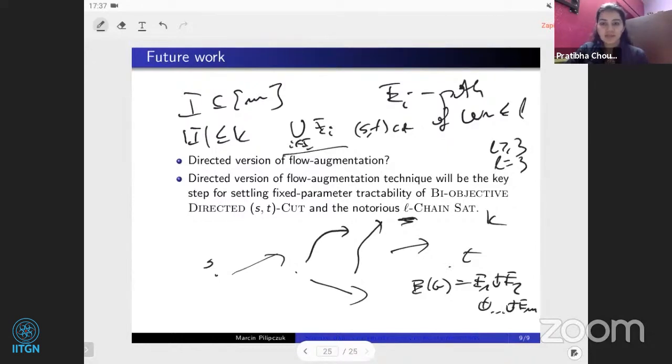Okay, there's one in chat. Neil asks, how would you prove that flow augmentation won't work? One of the things is that if such a statement would imply an FPT algorithm for a problem that's W1 hard, that would be a good argument against it.